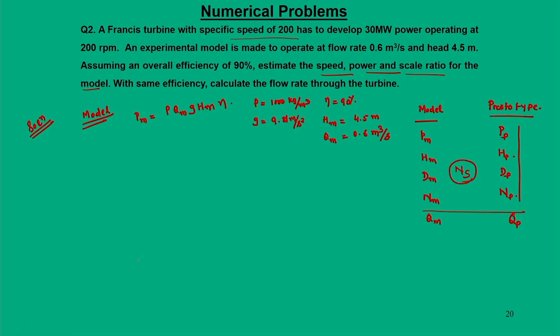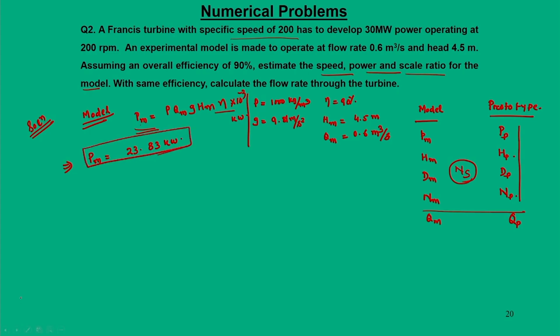So, from these things, and this power has to be in kilowatt, so you have to multiply by 10 to the power minus 3 kilowatt. So, by inserting these numbers we can find out the power developed by the model is 23.83 kilowatt.